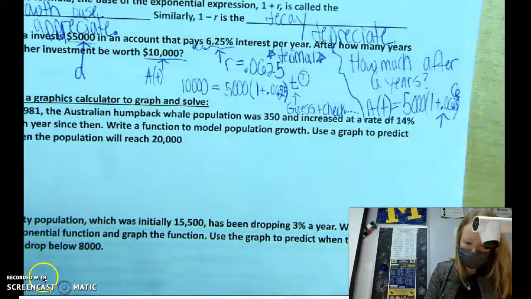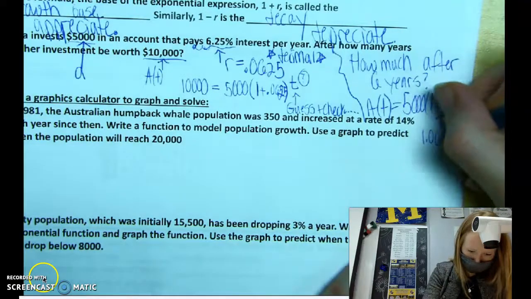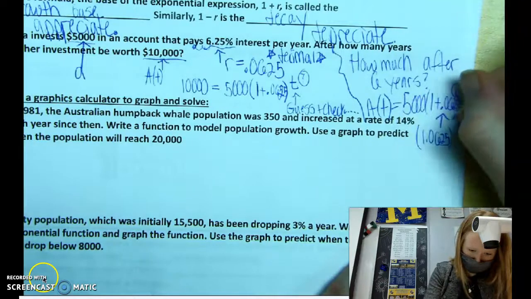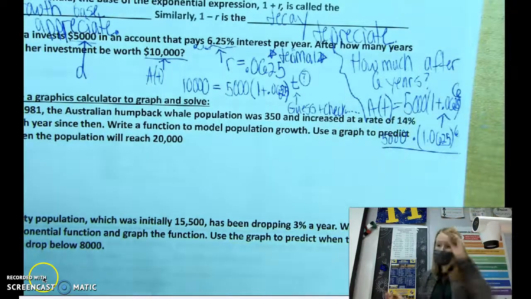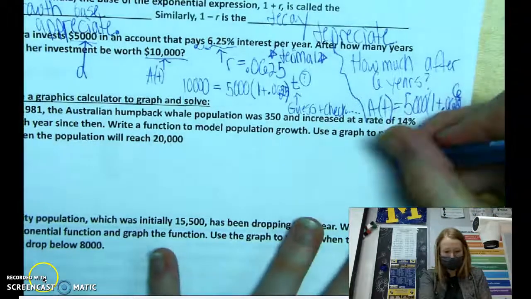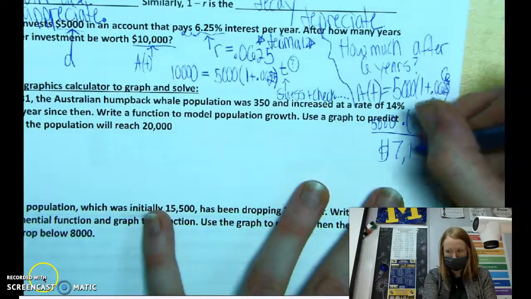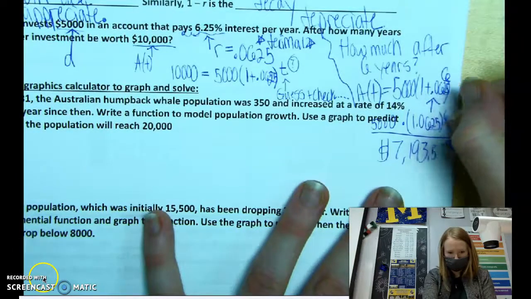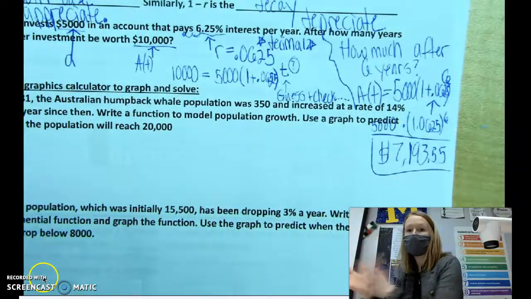Once again, you have to do parentheses, so you get 1.0625, raise that to the 6th power, and then multiply by 5,000 to get your answer. I don't have a calculator on me, but lucky for you guys, I did this earlier. You should get something like 7,193.55. So once again, big concepts here.